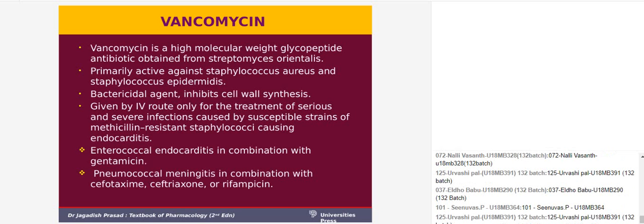Enterococcal endocarditis, in combination with gentamicin, we can use it. And pneumococcal meningitis in combination with cefotaxime, ceftriaxone, or rifampicin. So vancomycin we can use in clinical conditions like enterococcal endocarditis, pneumococcal meningitis, and in enterococcal endocarditis it is combined with gentamicin, and in pneumococcal meningitis it is combined with ceftriaxone or rifampicin.